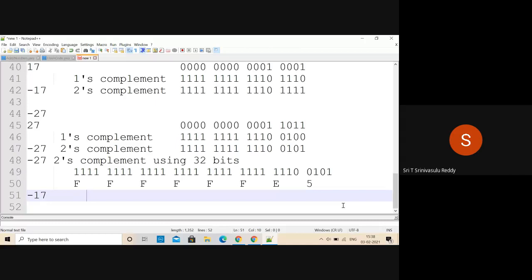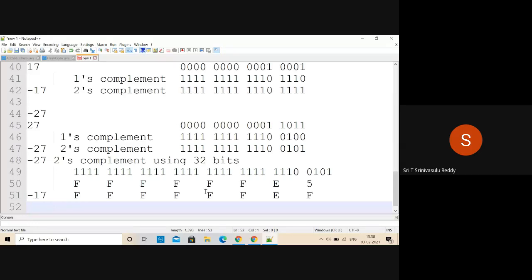You already have it. Most significant bits are going to be F as usual, another F, F. In addition to this, minus 17 is here. This is the actual value. You have to convert: F, F, and then E followed by F. So F, F, F, E, and then F. So this is going to be minus 17 using 32 bits in 2's complement notation.